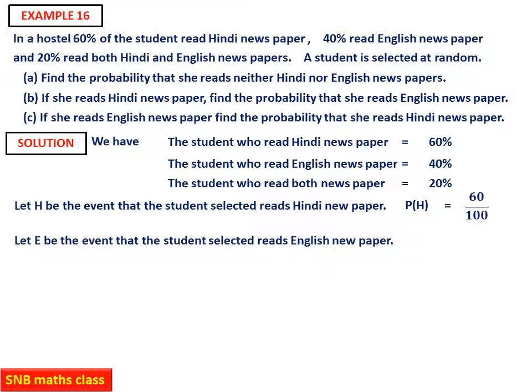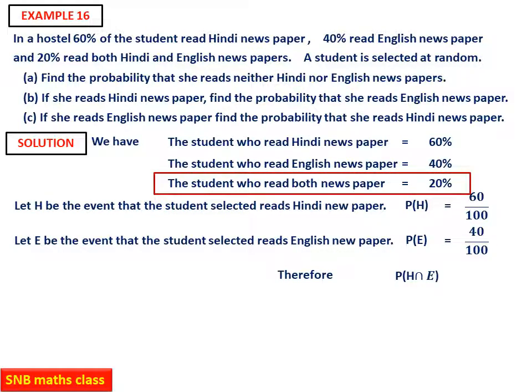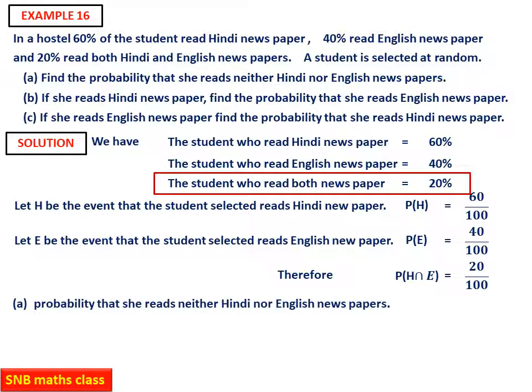Similarly, let E be the event that the student selected reads English newspaper, then definitely probability of E will be equal to 40 by 100. Then probability E intersection H will be equal to 20 by 100, because these are the students who read both.